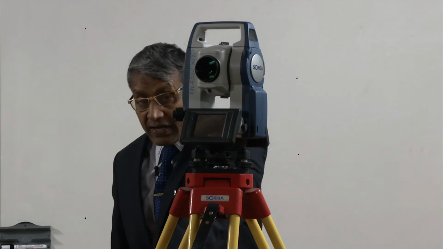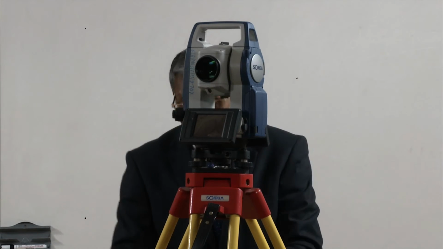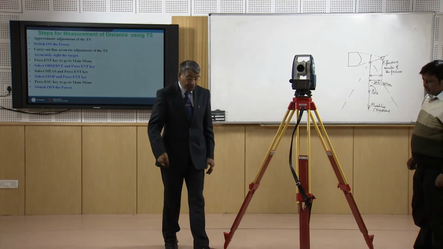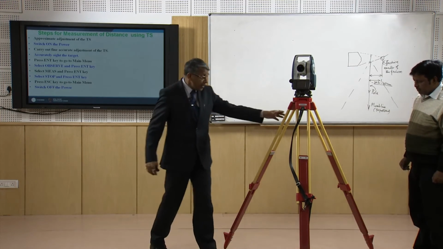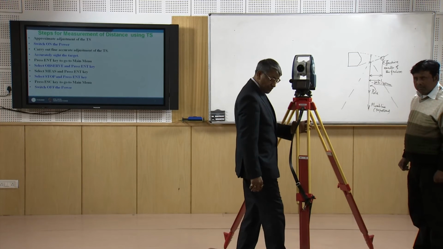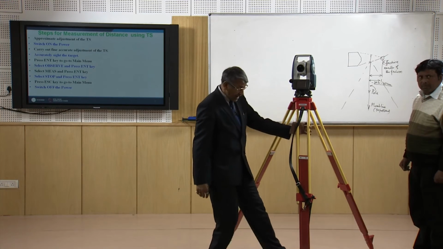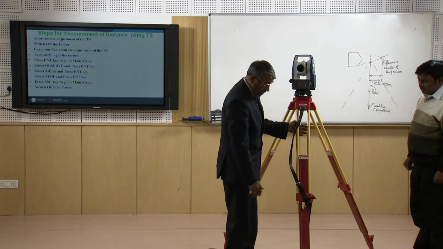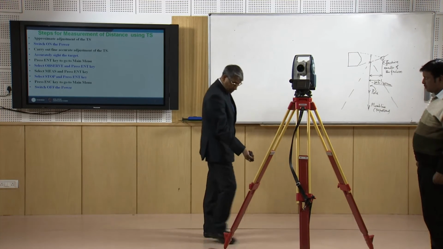The tripod stand should be well spread, and if we use a very plain platform, there is every chance of our instrument slipping. So, you should use a frame like this on which to set up the tripod stand. That will not only help spread the tripod legs well, but also resist slipping. This is one more thing you should keep in mind.